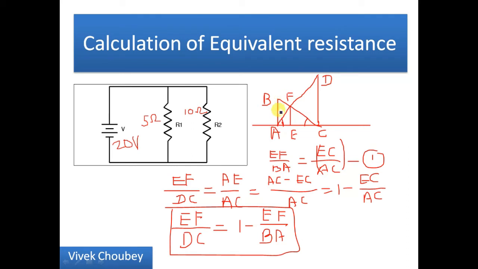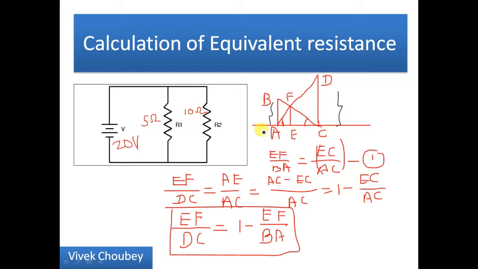So we have the same two lines, the 5 ohm and 10 ohm, AB and CD. They can be of any length corresponding to any value of resistance.